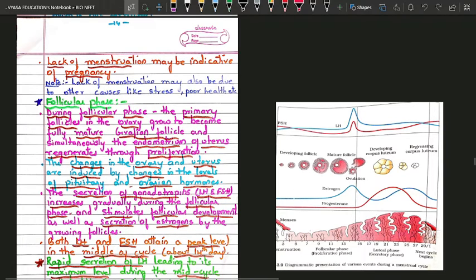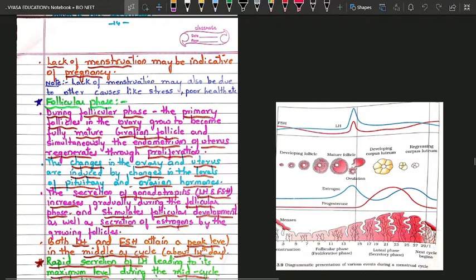The secretion of the gonadotrophins, that is LH and FSH, increases gradually during the follicular phase and stimulates the follicular development as well as secretion of the estrogen by the growing follicles. Gonadotrophins are LH and FSH. So they increase gradually during the follicular phase and stimulate the follicular development.